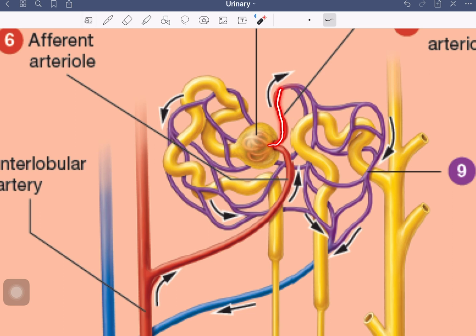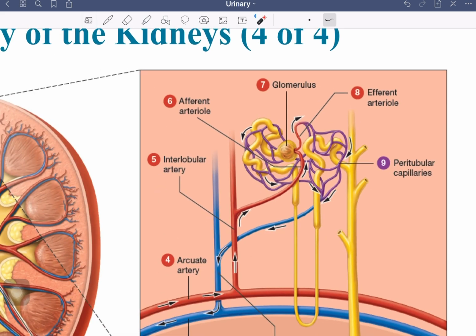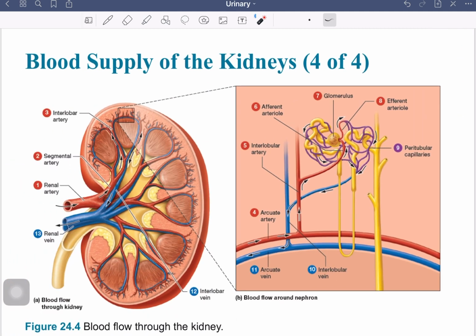Now the efferent, as we said, in most of the nephrons, will head off and form this structure here, which is the peritubular capillaries. And you can see why, is that they really are associated with the tubes that we have.